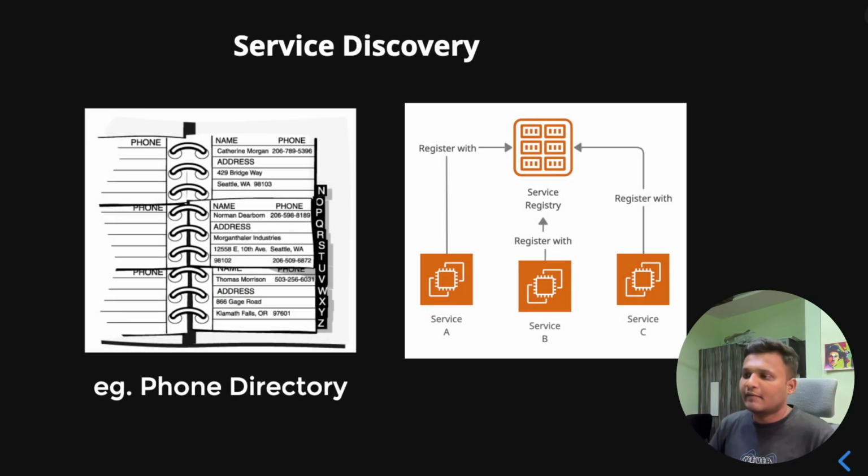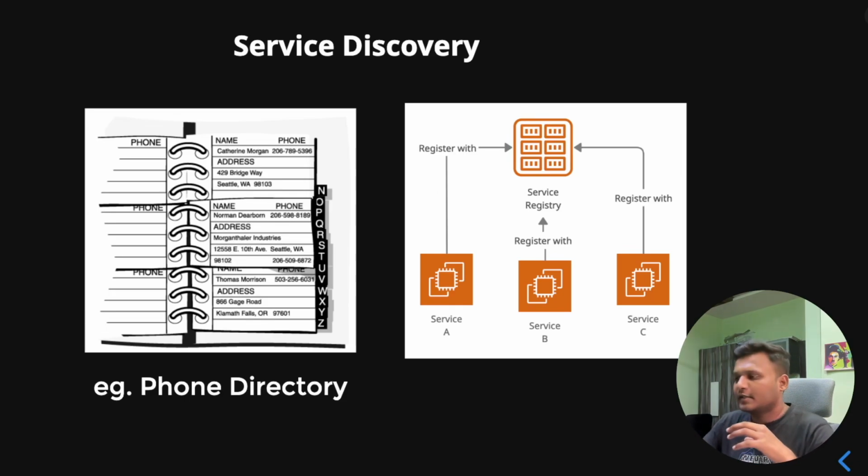Okay, so take one example of a phone directory. Instead of memorizing everyone's number, you just look up their name, right? So this is the name of this person, and you can get the information about their phone number, right? So Eureka acts like that only, a registry of all your services, and services register themselves with Eureka, and others can discover them using Eureka, right?